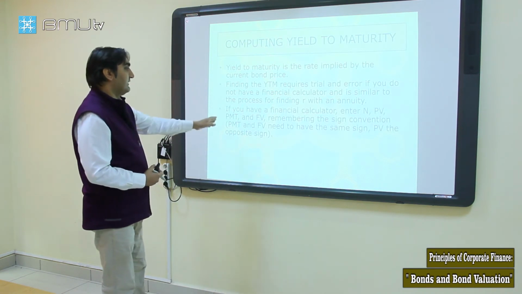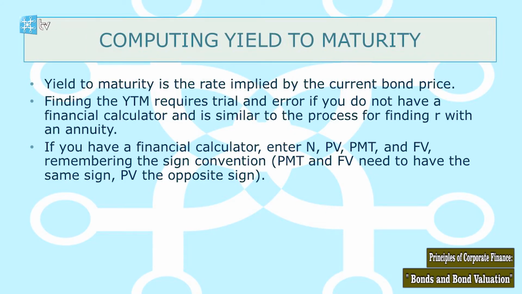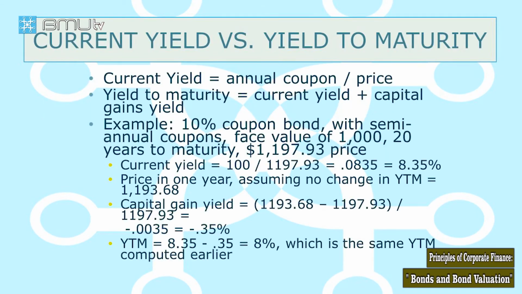If you have a financial calculator with NPV, PMT, and FV, remember the sign convention, and you get the yield to maturity. But in general, finding the yield to maturity requires trial and error. If you do not have a financial calculator, it is similar to the process for finding the IRR.